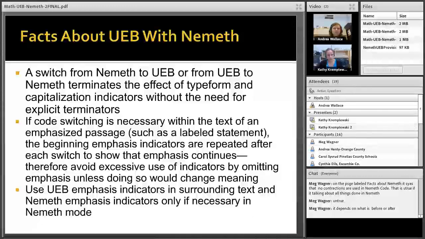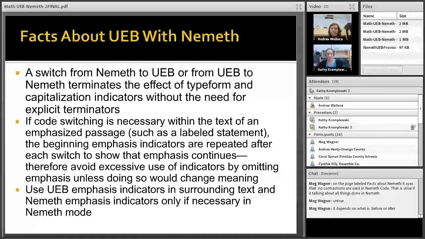Okay. A switch from Nemeth to UEB or from UEB to Nemeth terminates the effect of typeform and capitalization indicators without the need for explicit terminators. So if code switching is necessary within an emphasized passage, such as a labeled statement, the beginning emphasis indicators are repeated after each switch to show the emphasis continues.